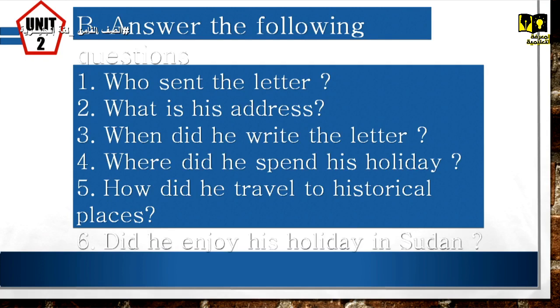So when we come to answer such a question, our answer should be in the past. The verb here, spend, is in the infinitive, and there is did in our question. So our answer should be in past simple, and the verb should be in the past form. Can you do it? Try to do it. Have your time.